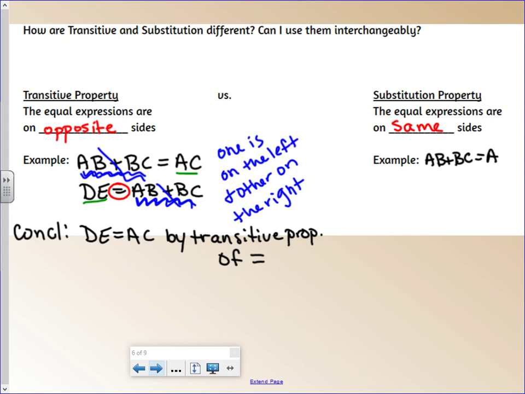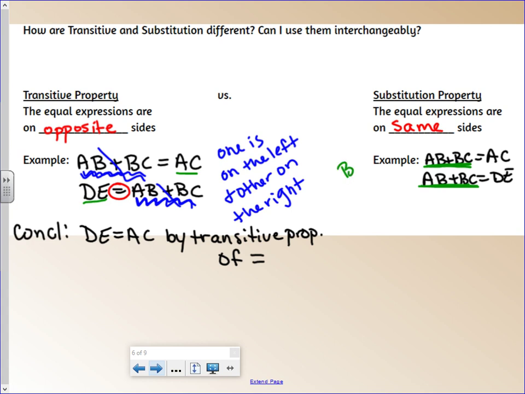So if I'm given that they are on the same side, so these two equal expressions are on the same side of the equal sign, both on the left, then I'm going to conclude the same thing. AC is equal to DE, but my reason is going to be different.